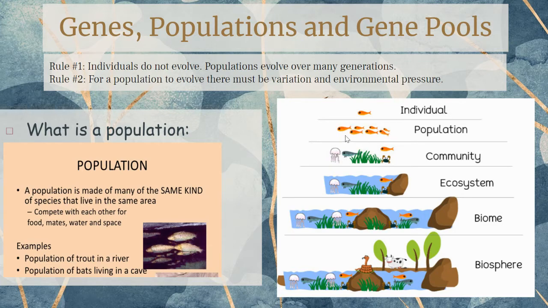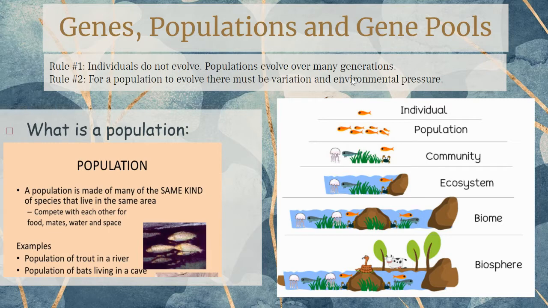That's the variation that's involved. So there's got to be variation and there's got to be some type of environmental pressure. If it doesn't matter how big these fish are, like they all have the same amount of fitness and the size of the fish doesn't really matter, then this population is going to stay relatively stable. You'll still have the same percentages of big fish and medium fish and small fish.